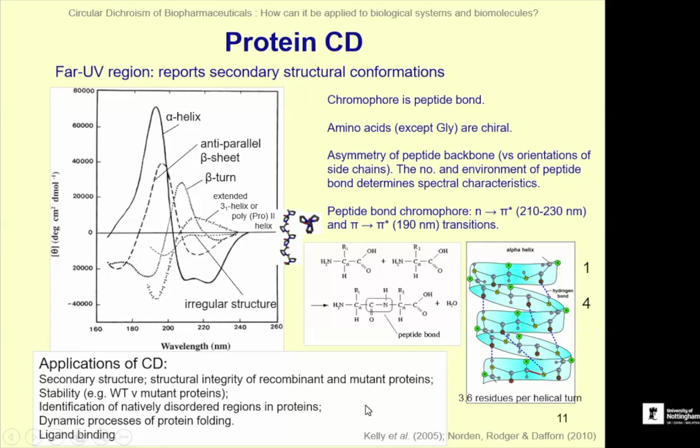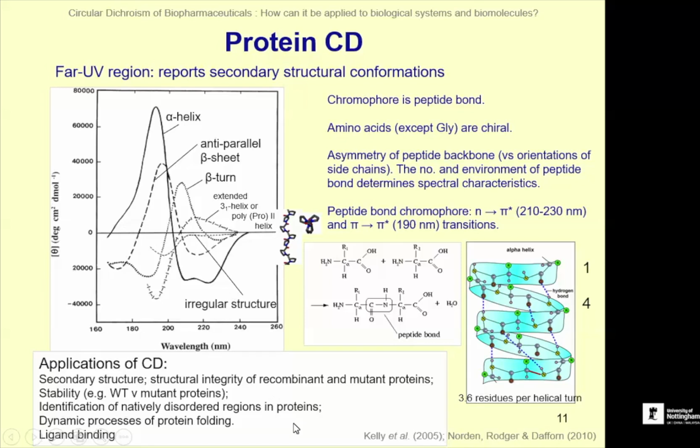So I've mentioned you can check structural integrity of your proteins. You can make mutant proteins, perhaps, and check that they are still stable and structurally intact by CD. You can look for natively disordered regions in proteins because, as mentioned, if they're disordered and denatured, you'll see a shallowing of the spectrum across, and it'll just follow the zero line.